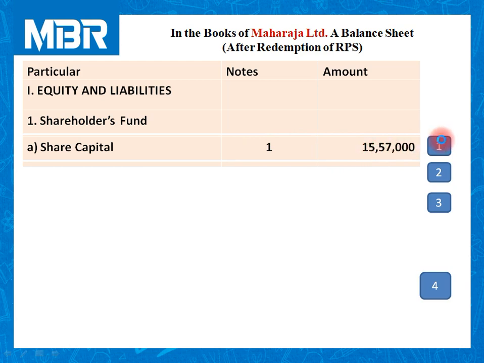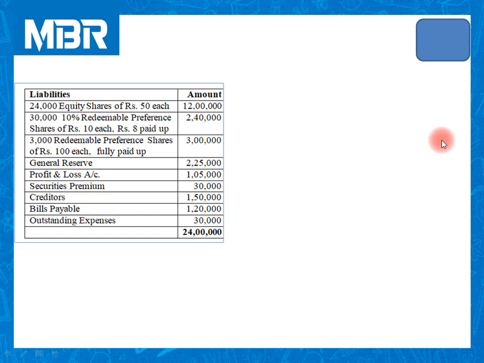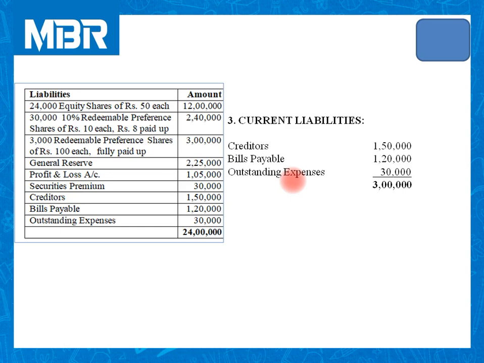For the purpose of understanding the figure of 15,57,000, it is necessary for you to concentrate on the balance sheet which is available on the left hand side of your screen. This balance sheet is available to us in our question. Using the additional information and the transactions that we have implemented earlier, we need to calculate share capital of the company. Let us calculate.